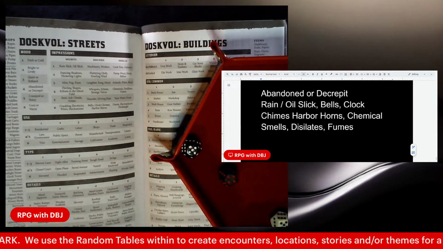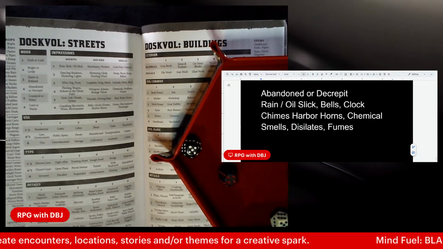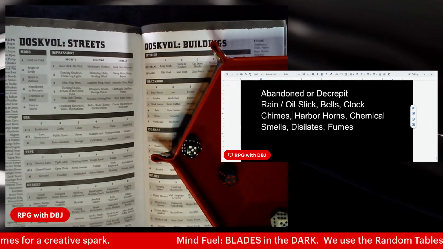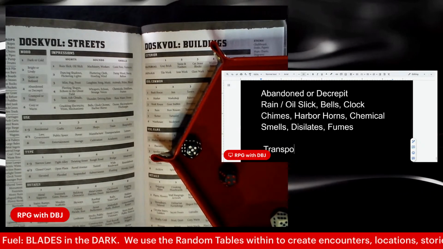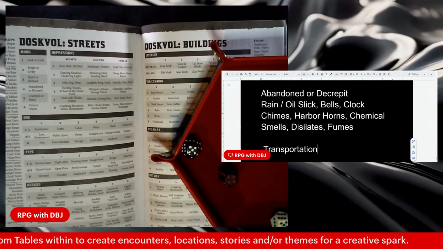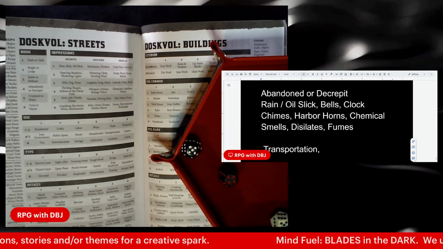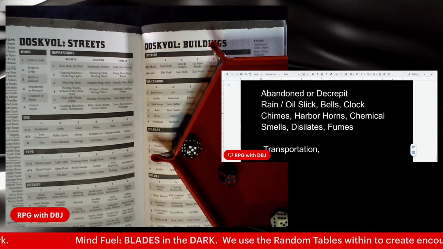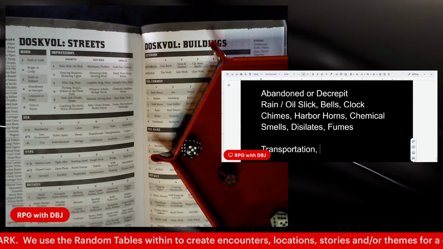Transportation. So this location, and this is perfect, right? Because we have ourselves harbor horns, clock chimes, harbor horns, things like that. So this location is for transportation. Maybe these are the docks, and there are wagons or maybe even steam powered carts or something like that that are used here for transporting ill-gotten gains and goods from one place to another.